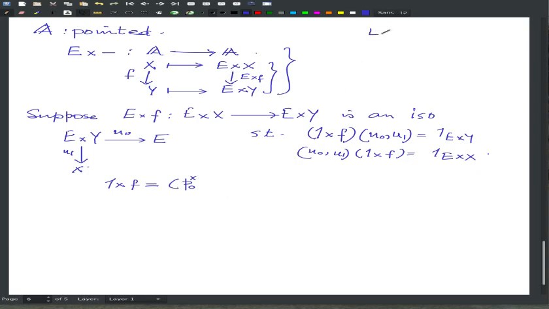You have to be careful. And E cross Y. So let's have some names. This is P1, P1 prime.